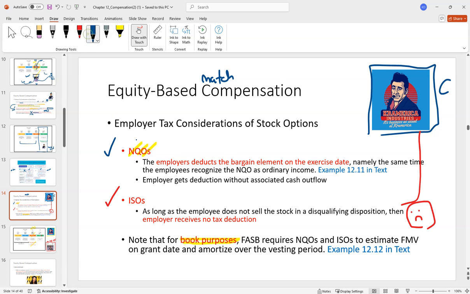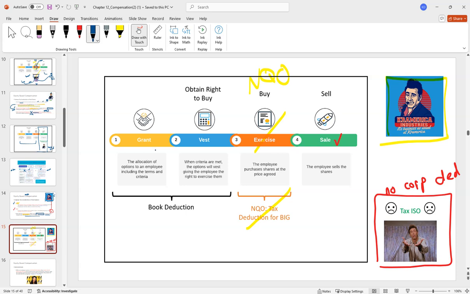Essentially, what they say is for book, for both types, you have to estimate the fair market value on the grant date and amortize it over the vesting period. So, here's the grant date. Let's just say we think this stock option that we're giving Jerry is worth 100 grand. That's great. Remember, this is for book.